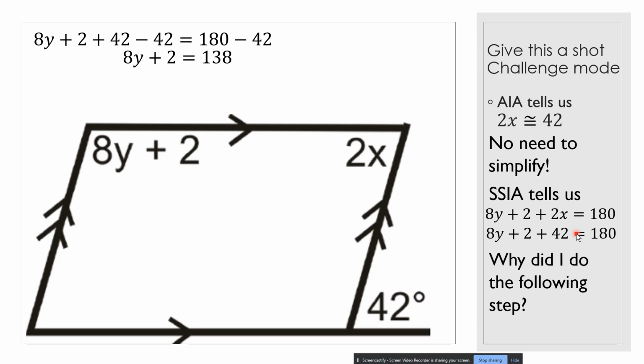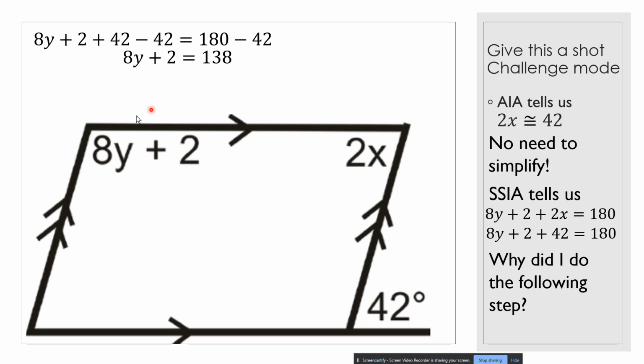Simple. So now we're going to simplify slightly. The question will be, why did I do the following step? Notice up here, all I did was subtract the 42 from both sides to get to 138. Why did I do this step? We're just trying to figure out what the angles are, right? I could have added the 42 and 42, but then I would have had to divide everything by 8.